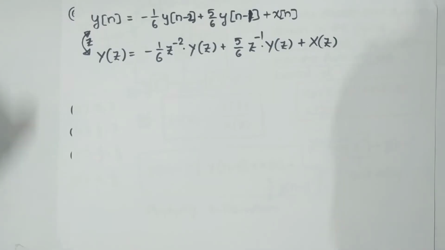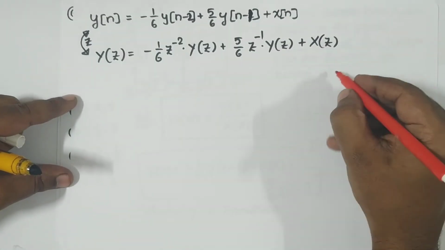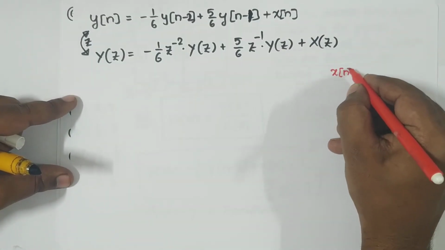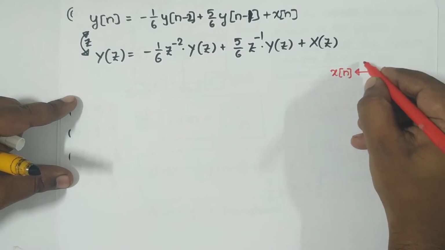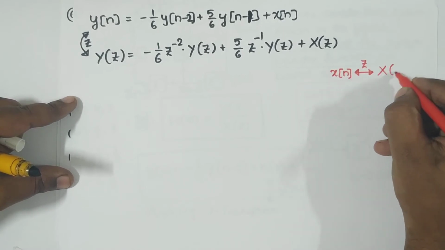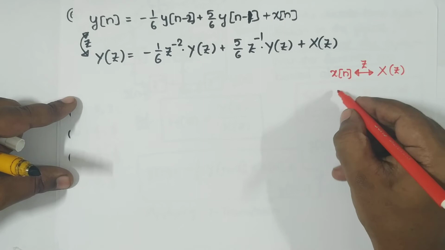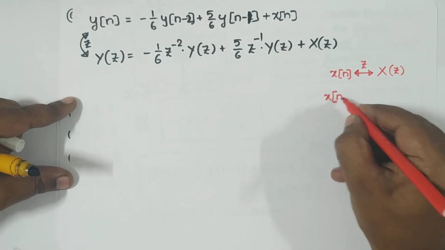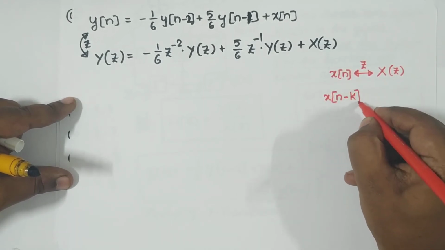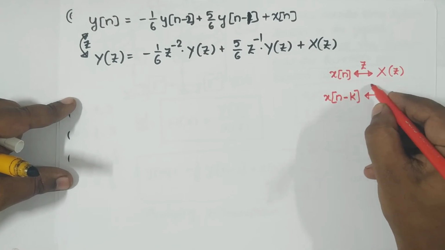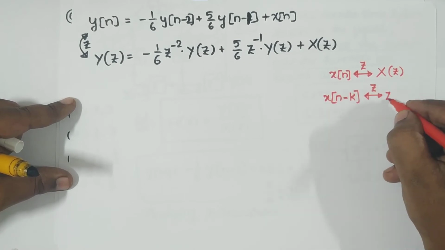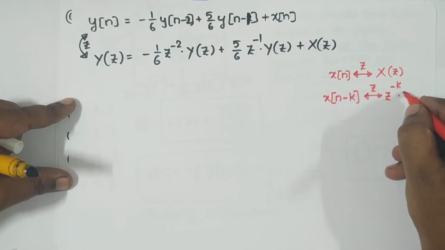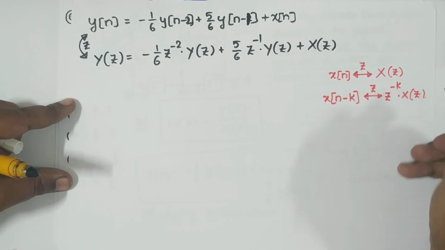And you should know this. For example, I have a discrete time sequence x of n. You take its Z transform, you have X of z. Now if I introduce a delay of k units in the time domain, this will be nothing but z power minus k multiplied by X of z.